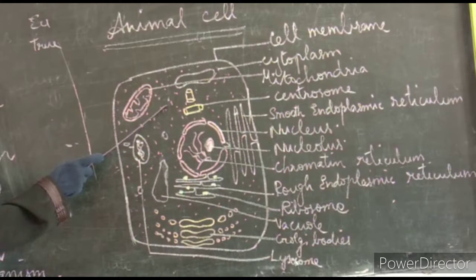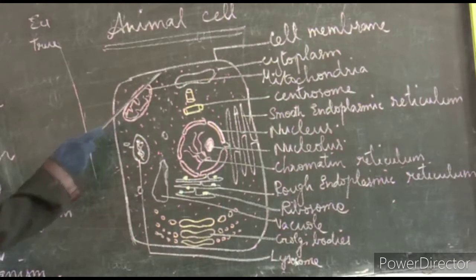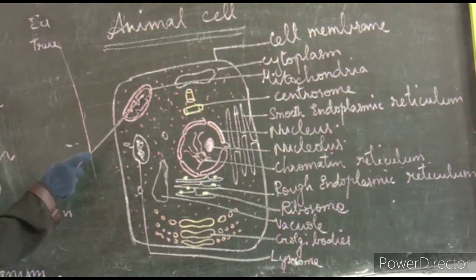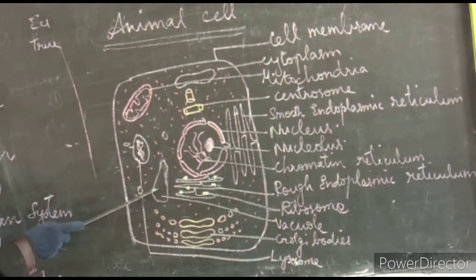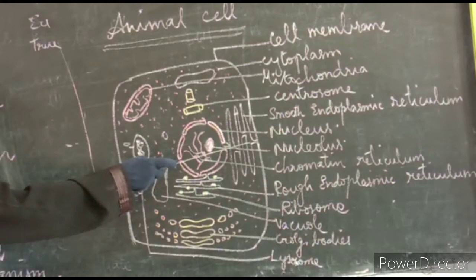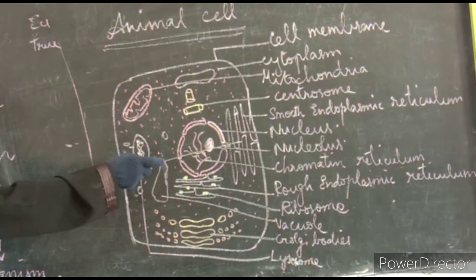Inside the cytoplasm we have so many cell organelles such as mitochondria, centrosome, lysosome, vacuole, endoplasmic reticulum rough, endoplasmic reticulum smooth. The meaning of smooth endoplasmic reticulum is we don't have any ribosome particles stuck along with that.